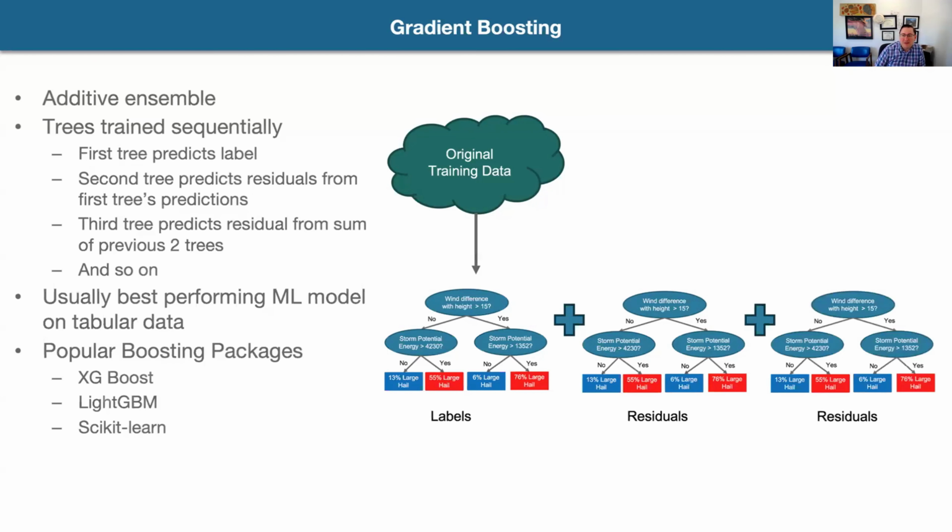Then you just keep adding trees, with a weight you put on each tree, so that you have a set of small trees that gradually converge toward the right answer.